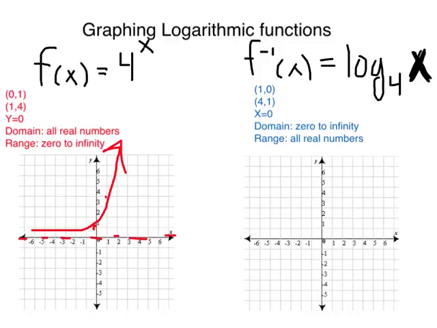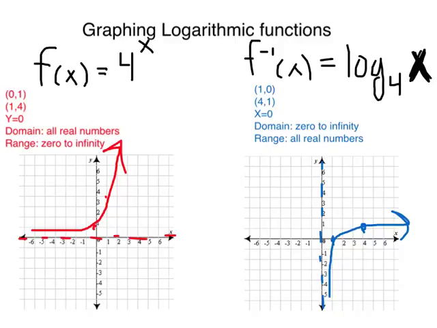Now the logarithmic function will switch to having the point 1, 0 and the point 4, 1, a vertical asymptote, and there is log base 4 of x.